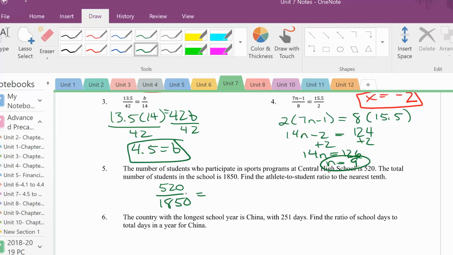So you can make that 52 over 185, and that would be your answer. Or you could make it as 52 to 185, or you could say 52 to 185, like that. Any of those are correct.